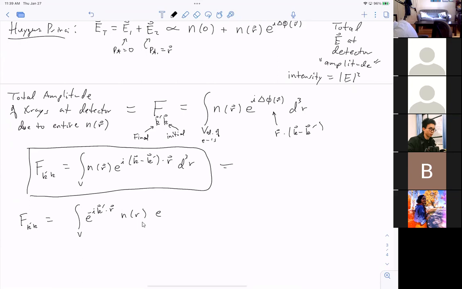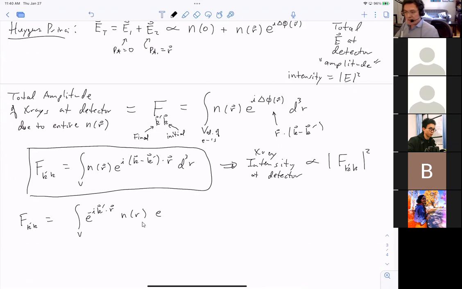And remember the X-ray intensity at the detector is proportional to F squared, F_KK, right? Because it's going to be the electric field squared. And you might be wondering why I don't make this a vector quantity, because it's the polarization of the electric field that makes it a vector quantity.